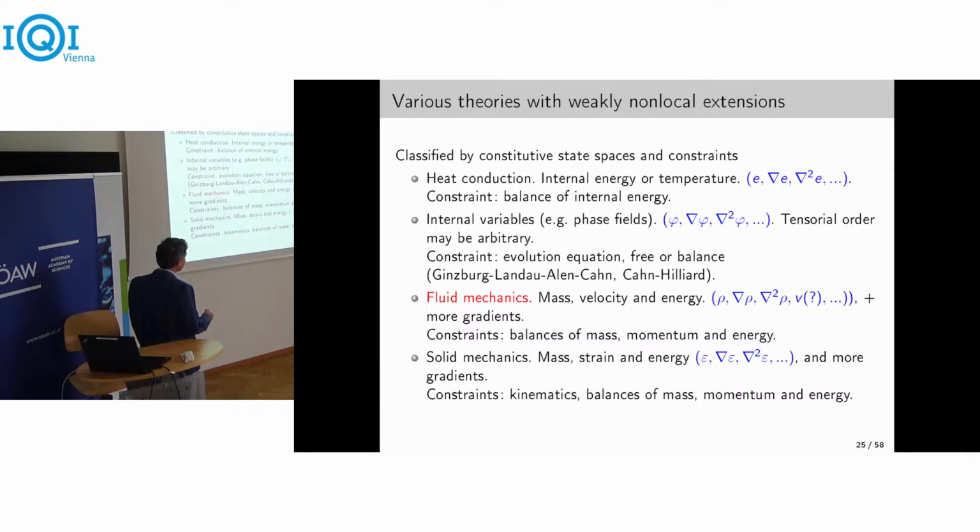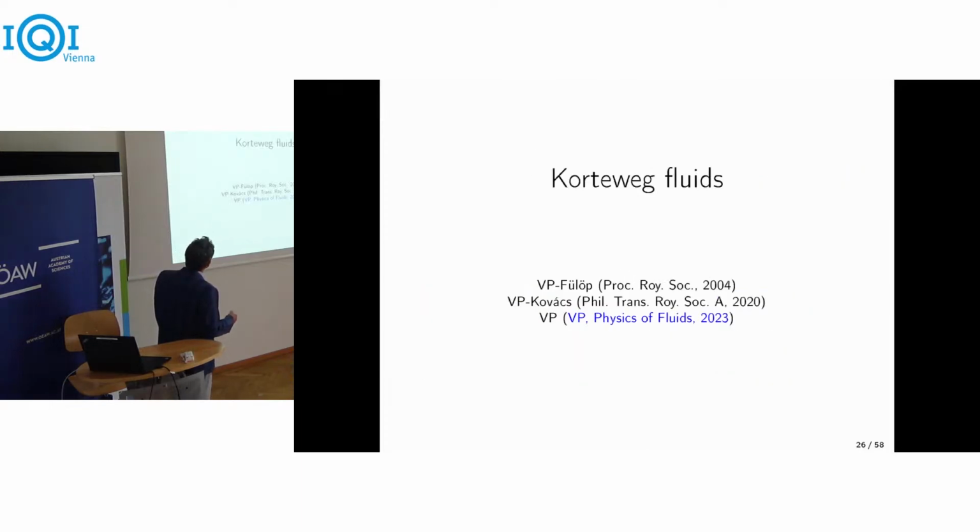In fluid mechanics, the basic variables are the density, velocity, and the energy density. And the classical Navier-Stokes equation has some structure. And I can ask about a weakly non-local extension in the density, so what kind of theory could we have? And that is the last part of the presentation.